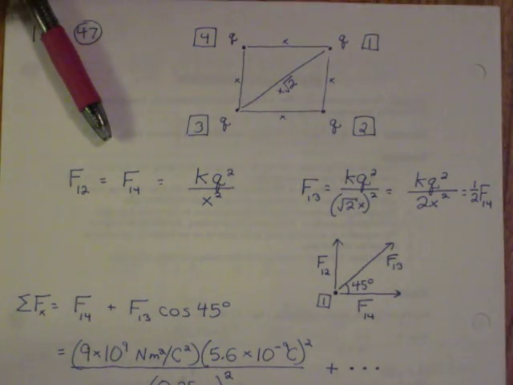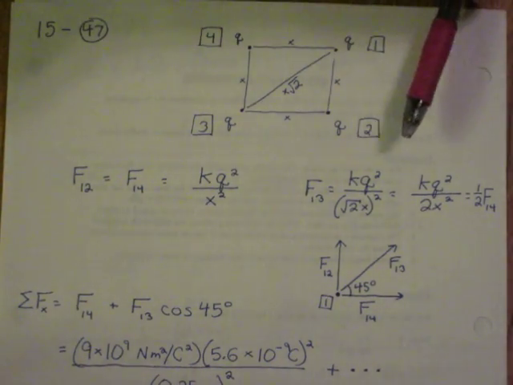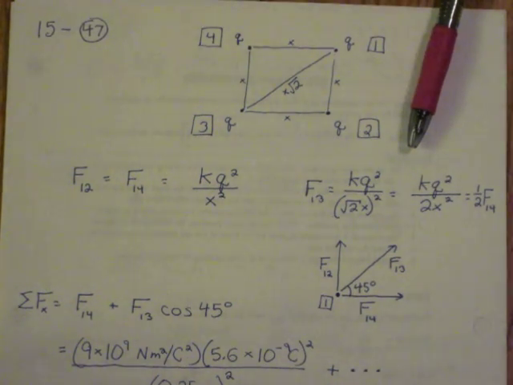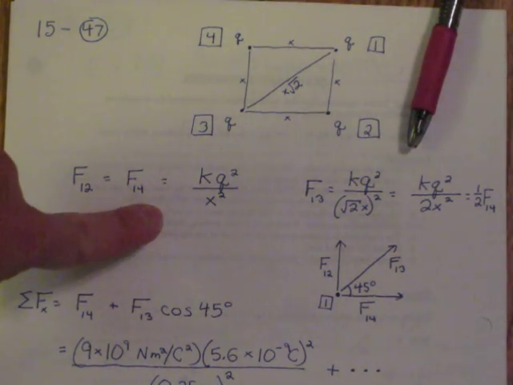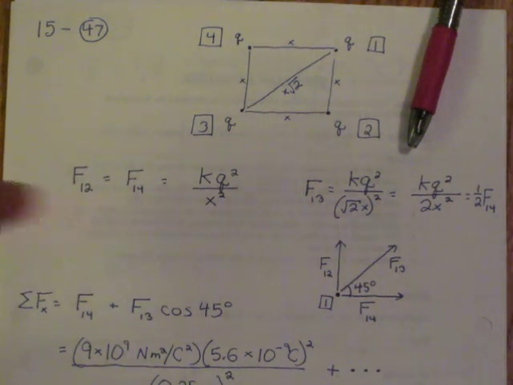The force from charge 3 is going to be different. You're dealing with the diagonal of the square, so the distance is actually square root of 2 times x. When you square that, you end up with kq squared divided by 2x squared, which you'll notice is 1/2 of the force between 1 and 4.